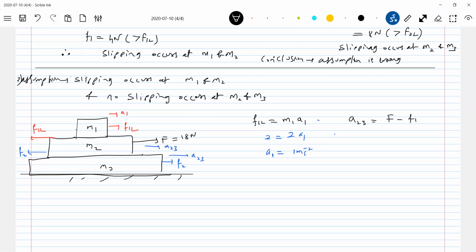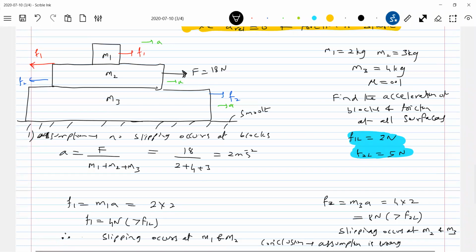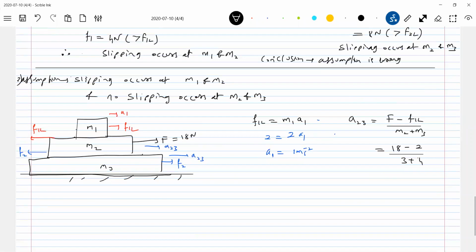A23 equals F minus F1L over M2 plus M3, which is 18 minus 2 over 3 plus 4, M2 is 3 and M3 is 4. So 18 minus 2 is 16, 16 by 7.